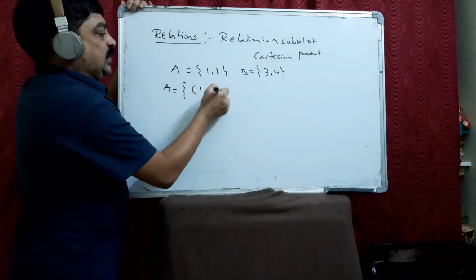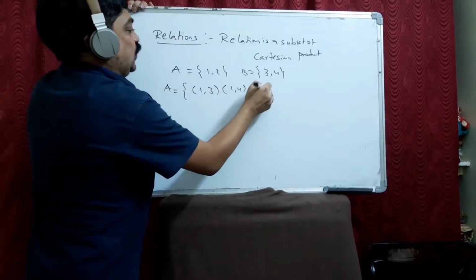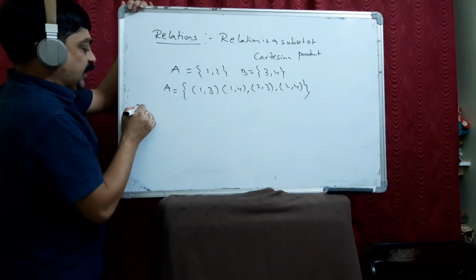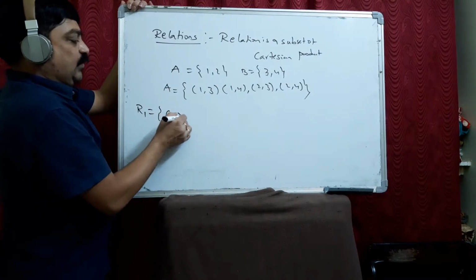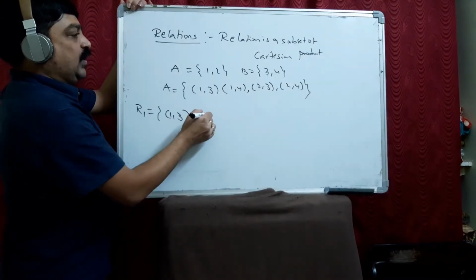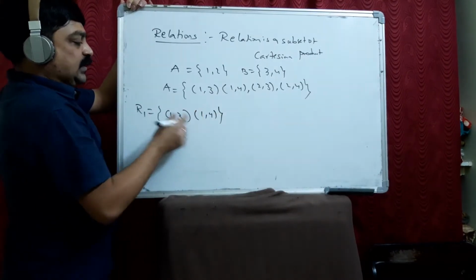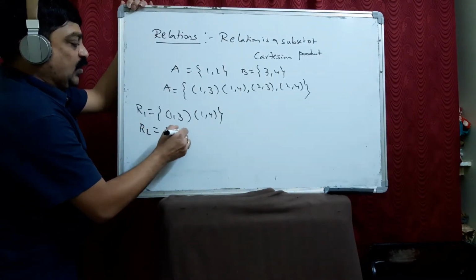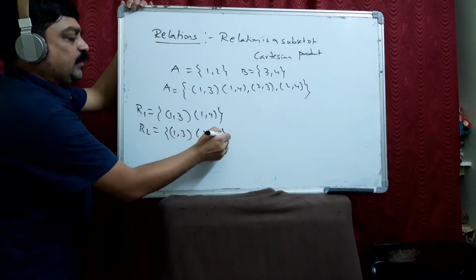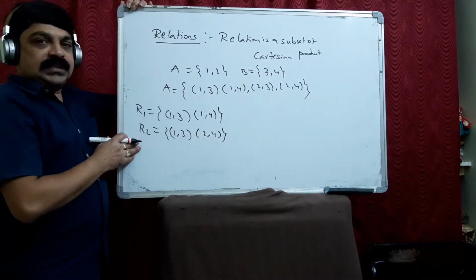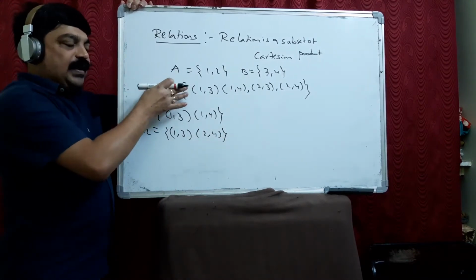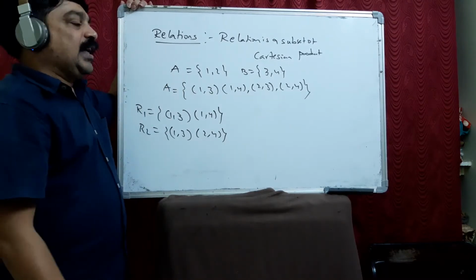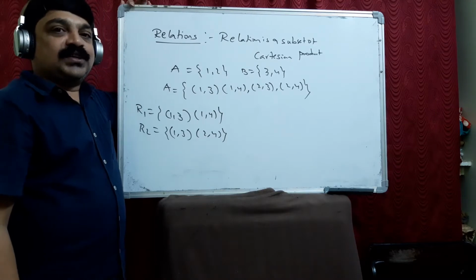It is (1,3), (1,4), (2,3), (2,4). If I take R1 as (1,3) and (1,4), this is a relation. And R2, (1,3) and (2,...), whatever you want. If you consider a subset of this basic mother set, then it is a relation. So basically, a relation is a subset of a Cartesian product.